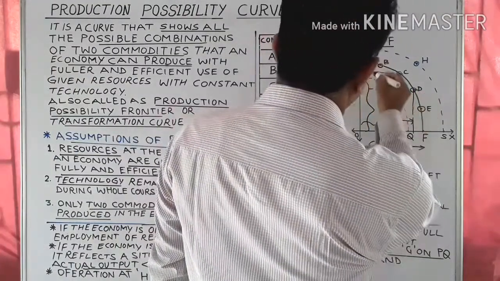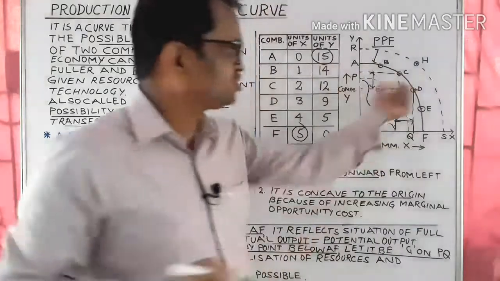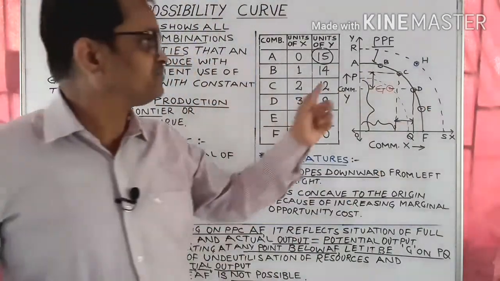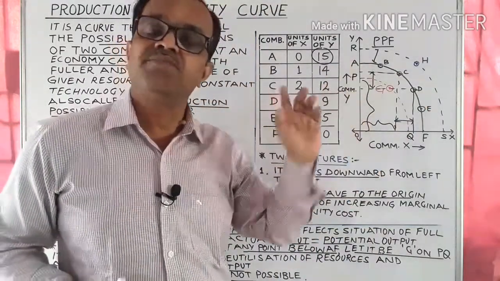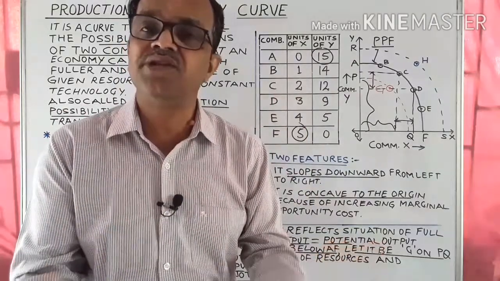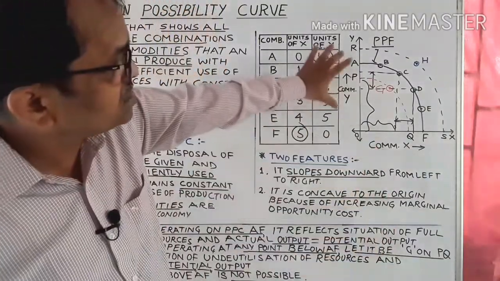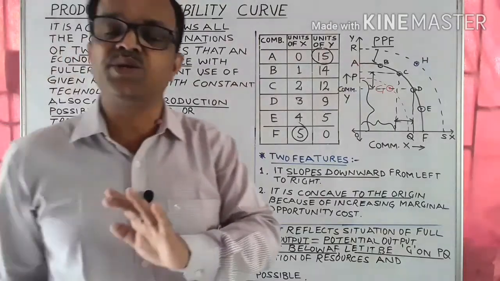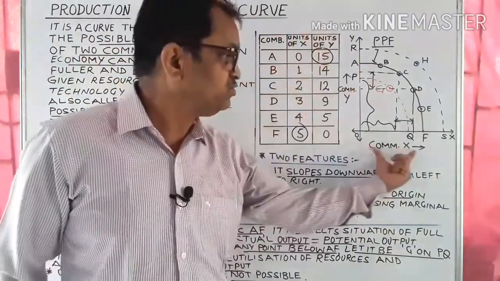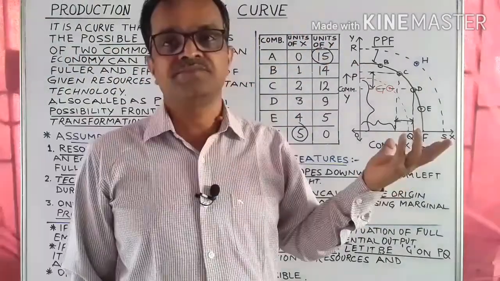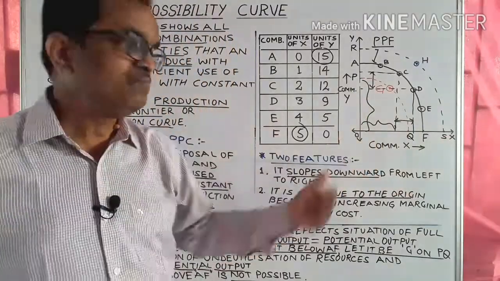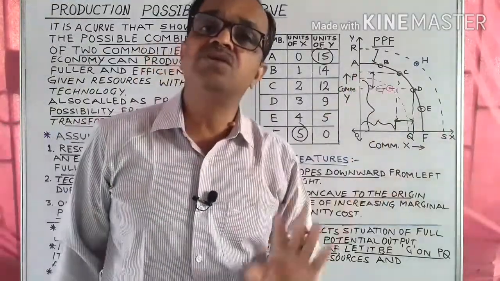It has to simply shift its resources from the production of commodity Y, because no idle resources are available in the economy. There would be a shift of resources from the production of commodity Y towards the production of commodity X.